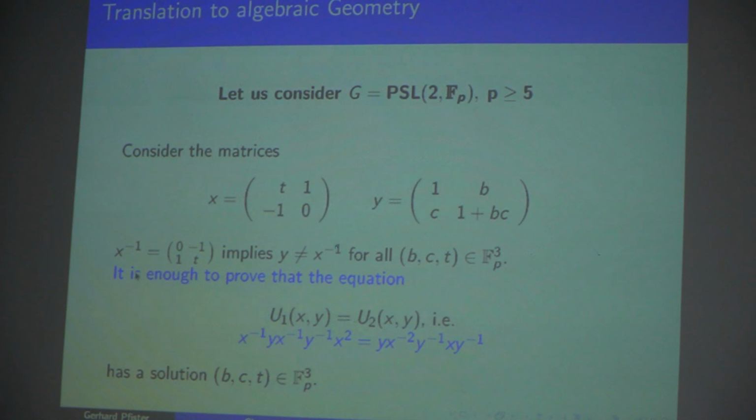And we have to prove that the equation U1 equals U2 holds. That means there is a solution of this equation, and that means if we plug in these matrices over there, then we obtain equality for certain values of b, c, and t.